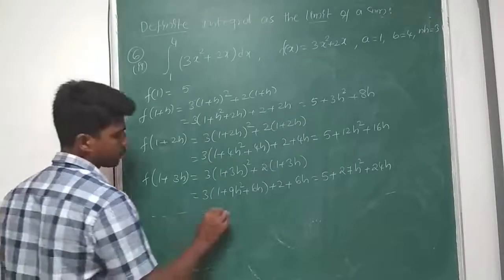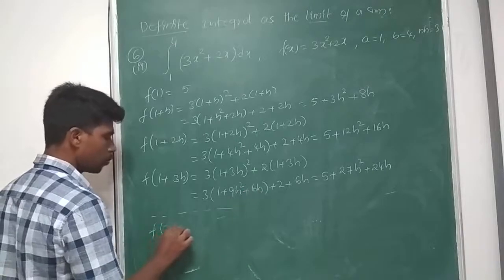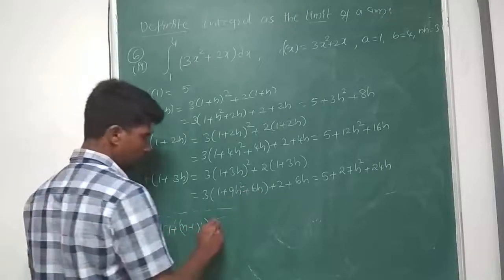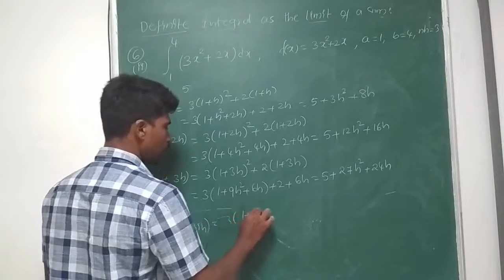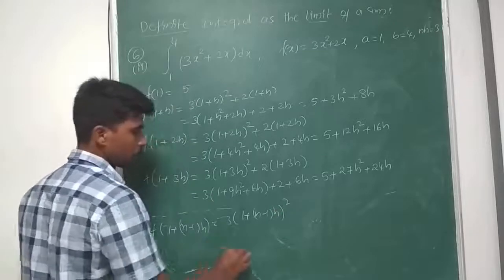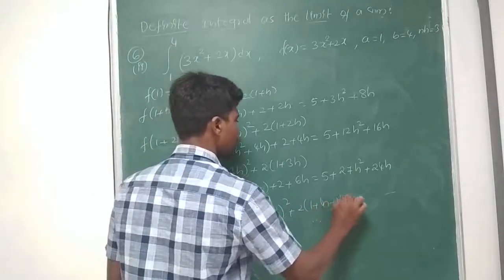Next, and so on, f of 1 plus (n minus 1) into h, which is equal to 3 into (1 plus (n minus 1) into h) the whole squared plus 2 into (1 plus (n minus 1) into h).